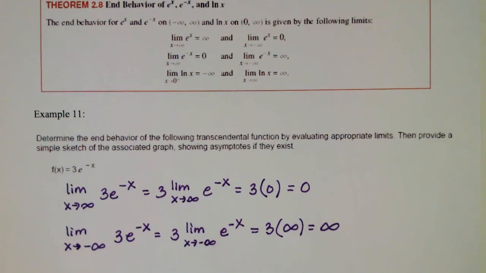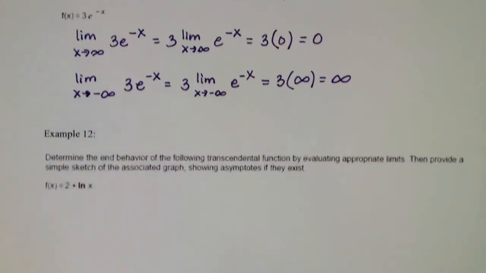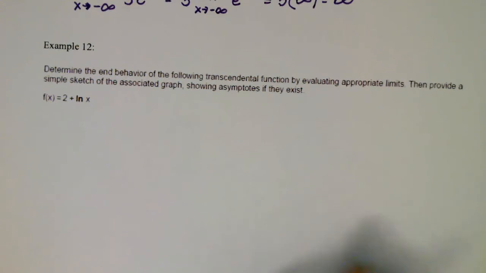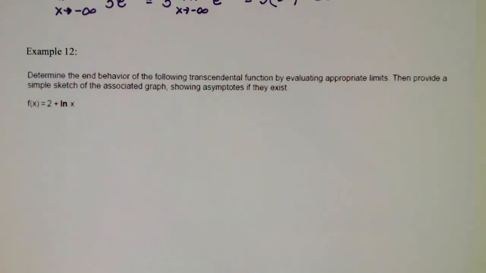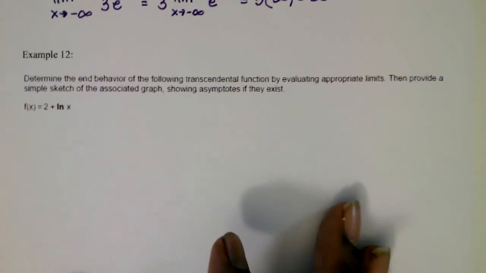All right, and finally, example 12. Determine the end behavior of the following transcendental function by evaluating appropriate limits, then provide a simple sketch of the associated graph showing asymptotes if they exist. Once I finish this, I'll do the graphs here for examples 11 and 12.